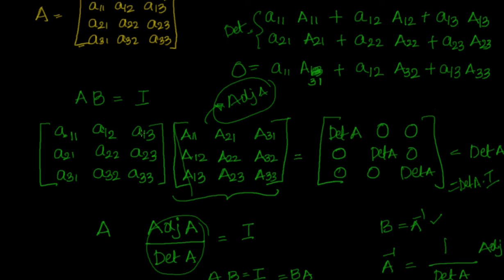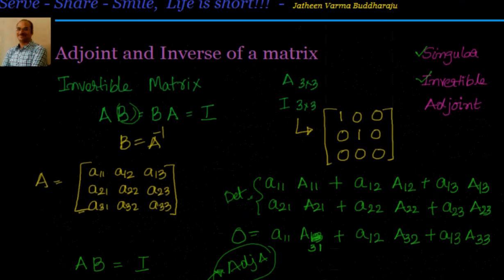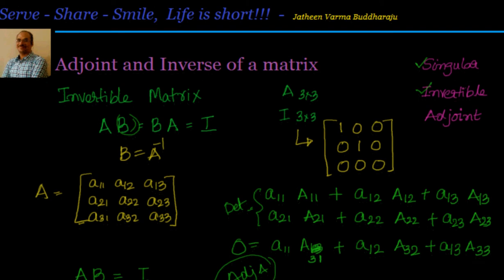So if you just replace the elements with cofactors, I should have capital A11, A12, A13. But you can see now they became columns because you transposed that particular matrix. So that's a brief note about the adjoint matrix and inverse of a matrix.